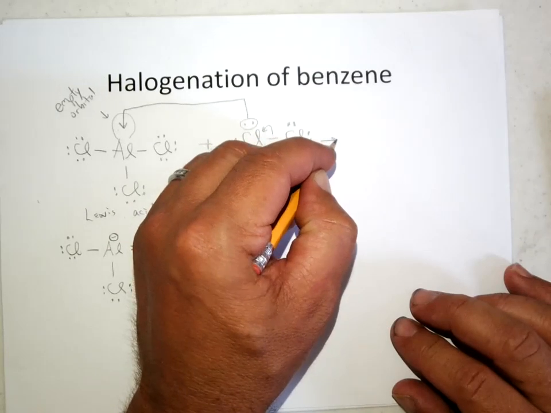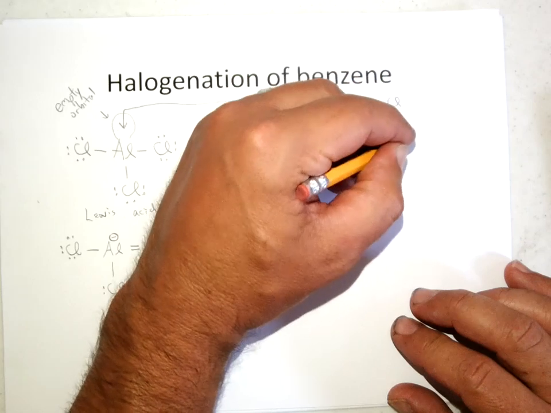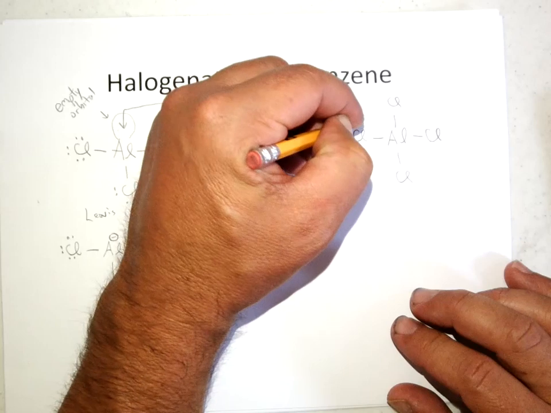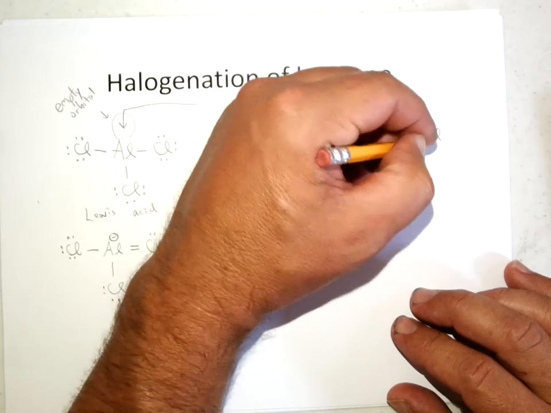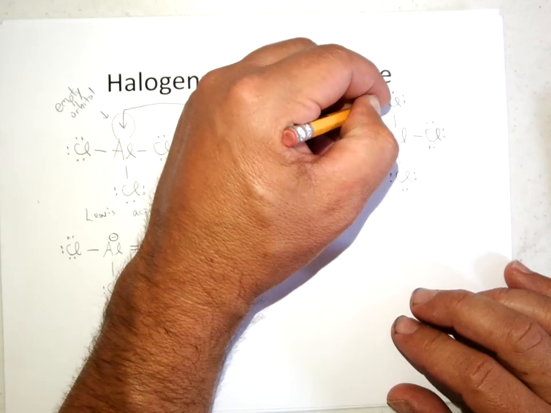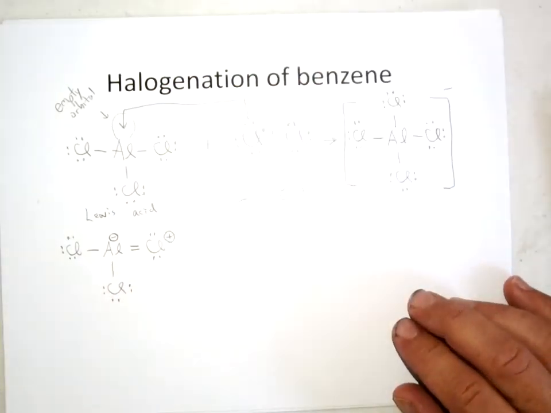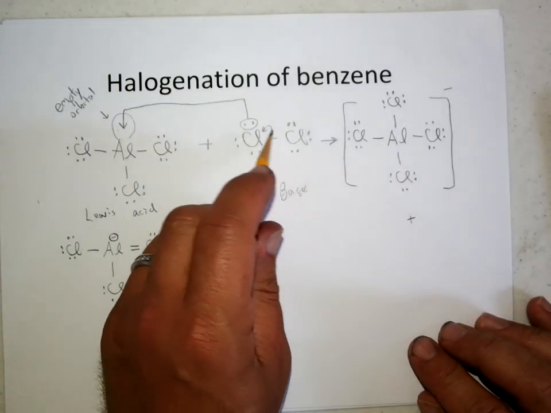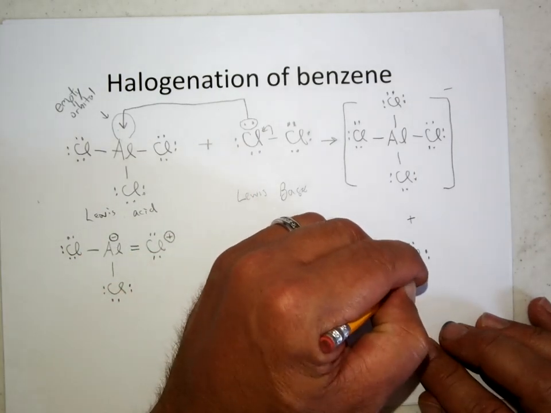So when we go ahead and do this reaction, we end up with the aluminum bonded to 4 chlorides essentially, and some might call this tetrachloroaluminate. But this is an anion. And the other thing that you would get, if you take electrons away from this chlorine, like that, then you get a chlorine cation.